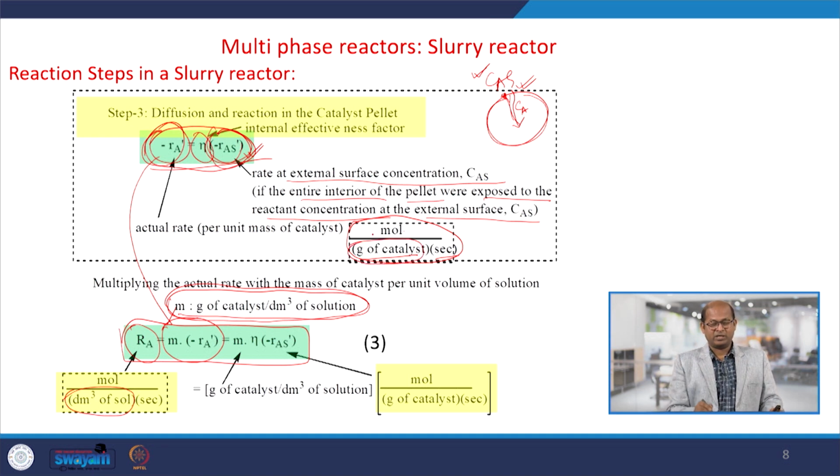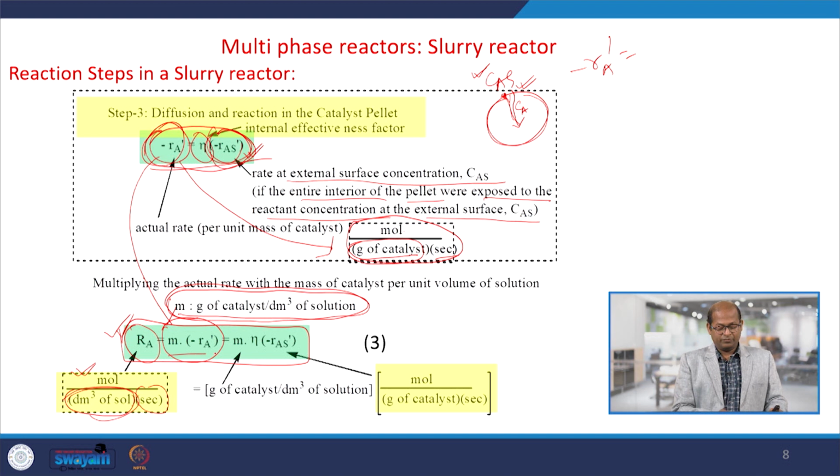Minus R A prime is per unit mass of the catalyst, and R A is per unit volume.